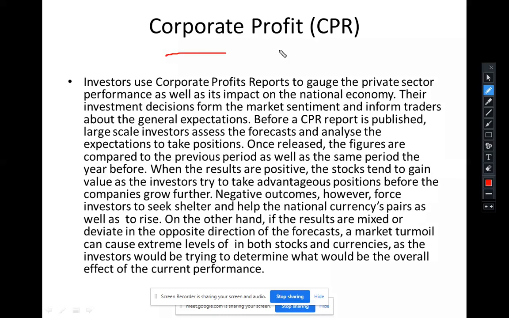If the result is neutral, the market will first move high and then move down. So it's just not stable: the market will move high and move down and close as a candle like this, something like this. Strong rejection on both sides.